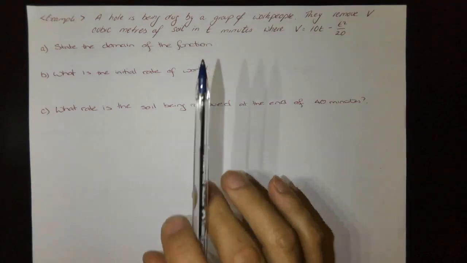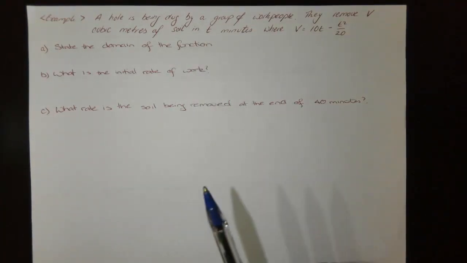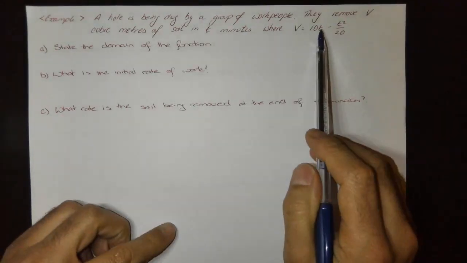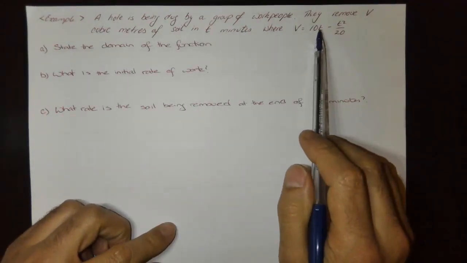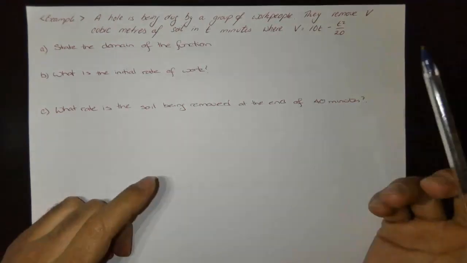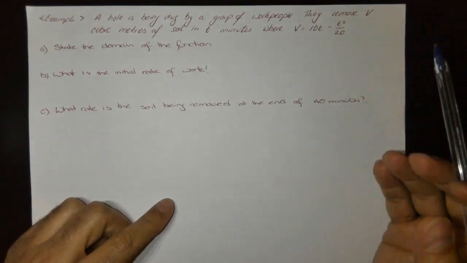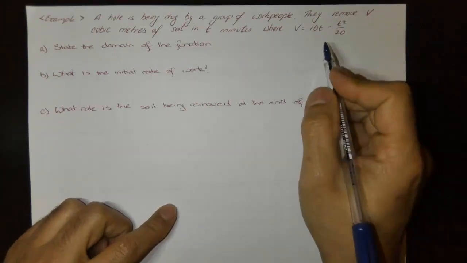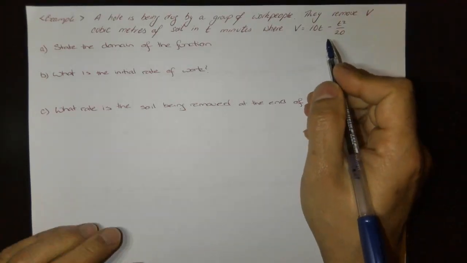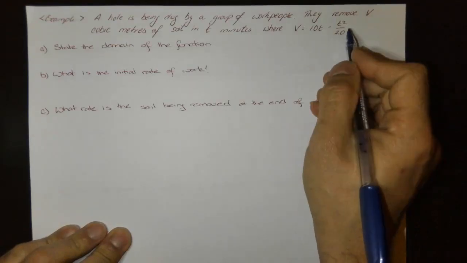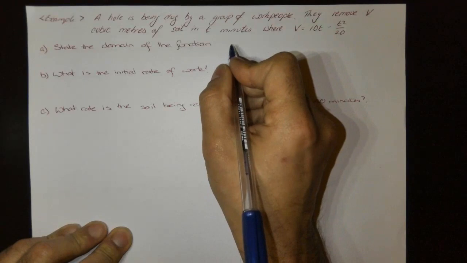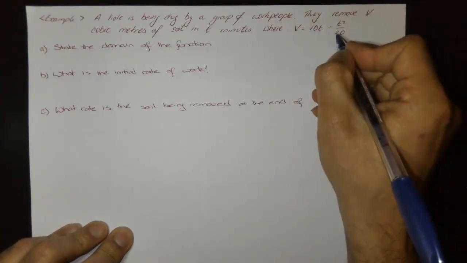Well, in this situation, if time is 0, we wouldn't have dug any volume out, so we wouldn't have any soil. So when t equals 0, we would have no volume. We also want to then figure out the maximum value of t.